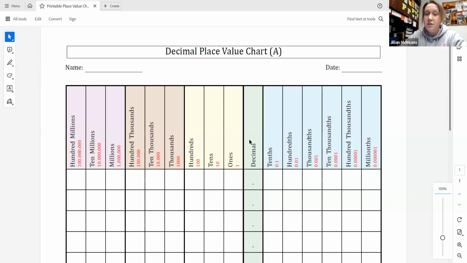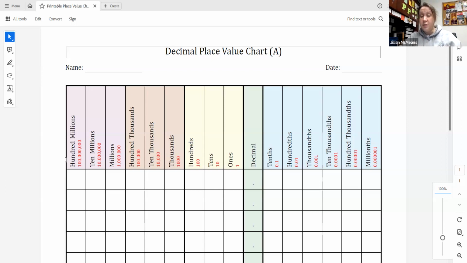Okay, now notice the place value. We're going to start with the whole number part. Next to the decimal, we have the smallest. That's the ones place. Then we go tens, hundreds. There would be a comma if you have another number. And then we have the thousands, 10,000s, 100,000s, the millions, 10 millions, 100 millions.